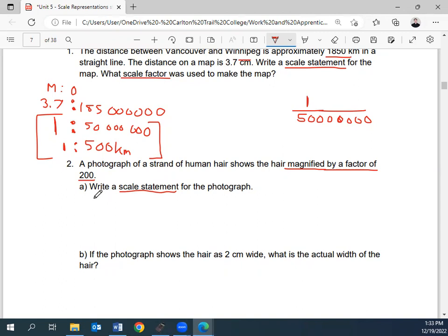The magnified picture, right? So it's going to be 200 in a ratio to 1. So if it's 200 to 1, it's gotten a lot bigger, right? Our model's bigger because you can't see a hair very well with your naked eye. That's why they make it bigger. Cool. That's my scale statement for this photo, 200 to 1.